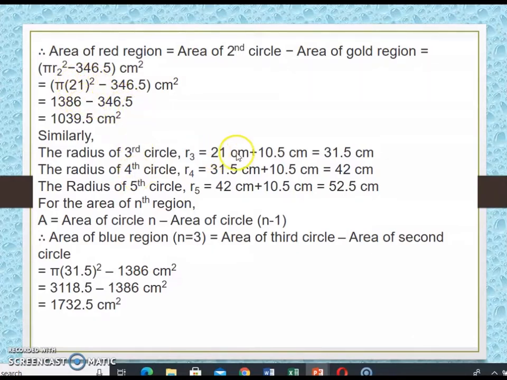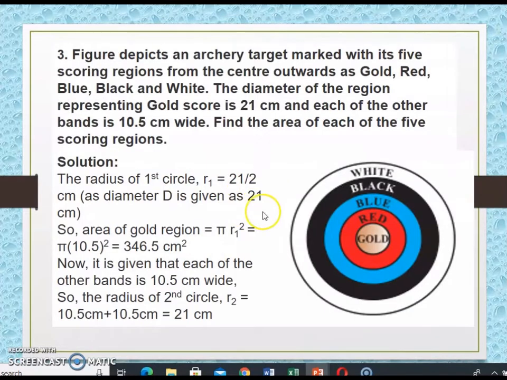So similarly, the other regions also will be found in a similar way. For the next region, that is the blue one, this radius is 21. To that you will add another 10.5 to get the radius of the blue region. Then add another 10.5 to get the radius of the black one and another 10.5 to get the radius of the white one.